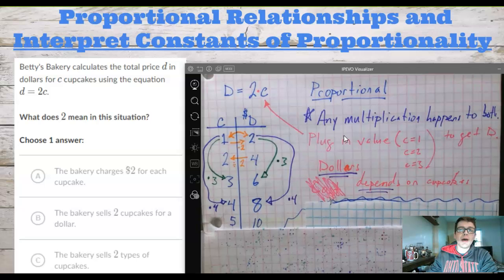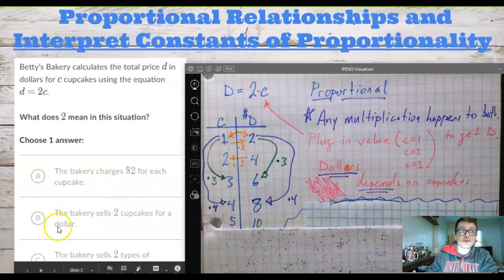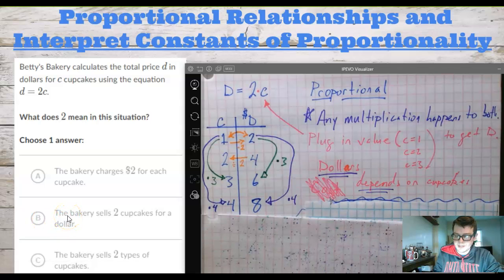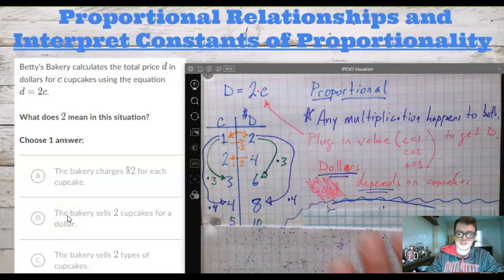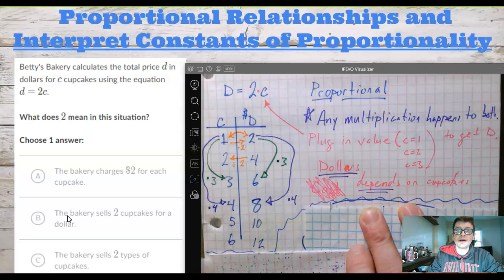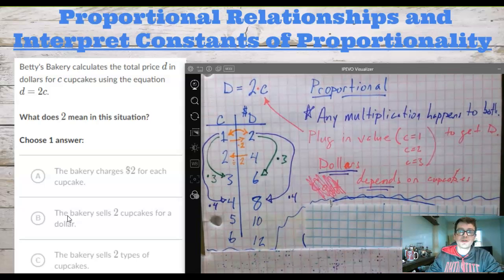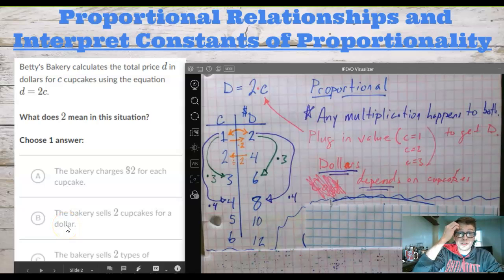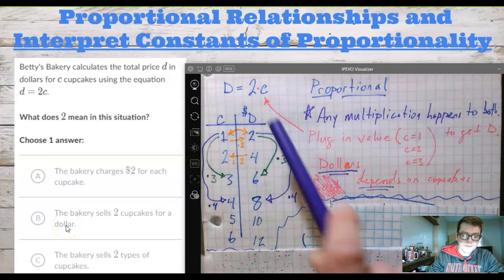Now, guys, the trap door is B. B's wrong. But it's a trap door that's really easy to fall into because the bakery sells 2 cupcakes for $1. Check this out. Look at my screen, please, in case you're not right now.